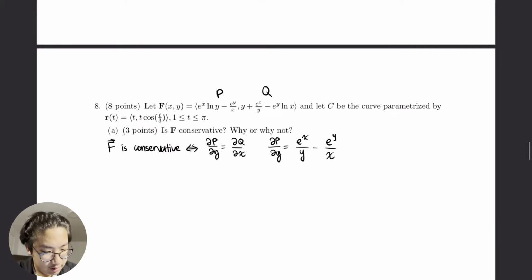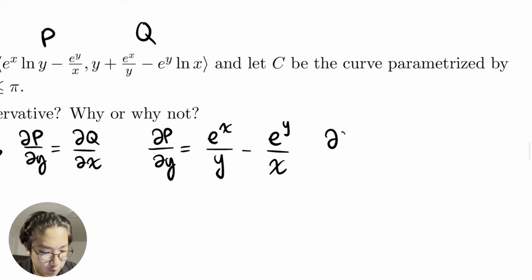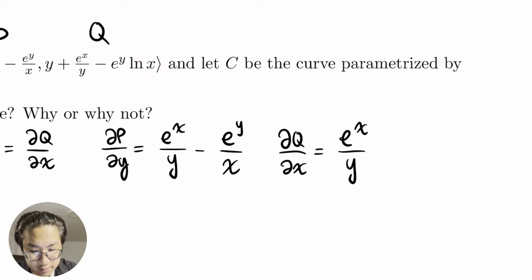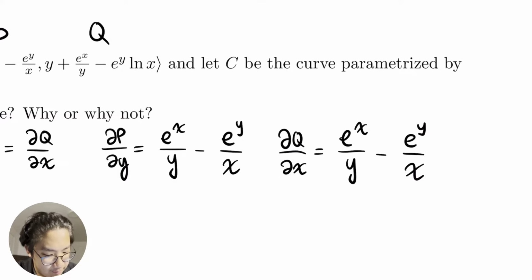Then partial Q partial x: the same idea, y is constant, we have e to the x over y, and x is a variable, so minus e to the y over x.